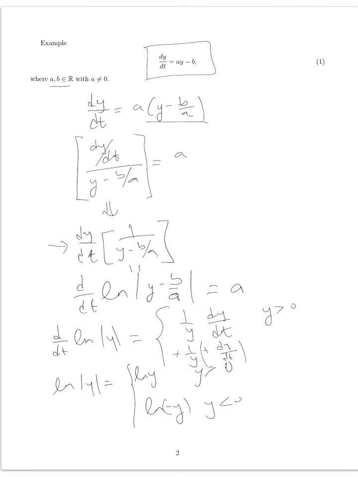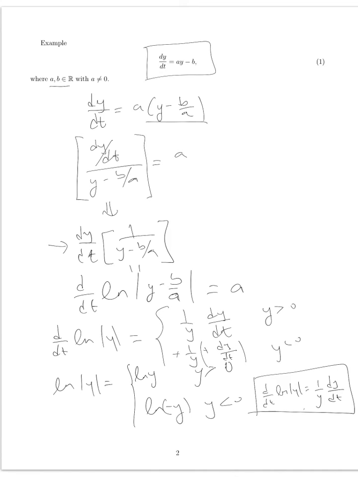So these guys sort of cancel out. And so in fact, the derivative of natural log of absolute value of y is nothing more than 1 over y dy dt.